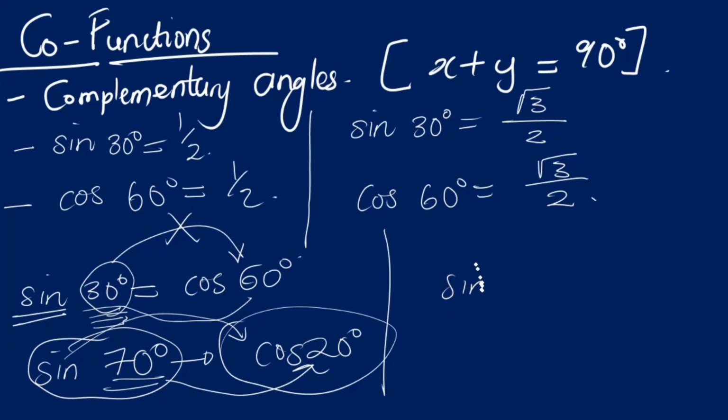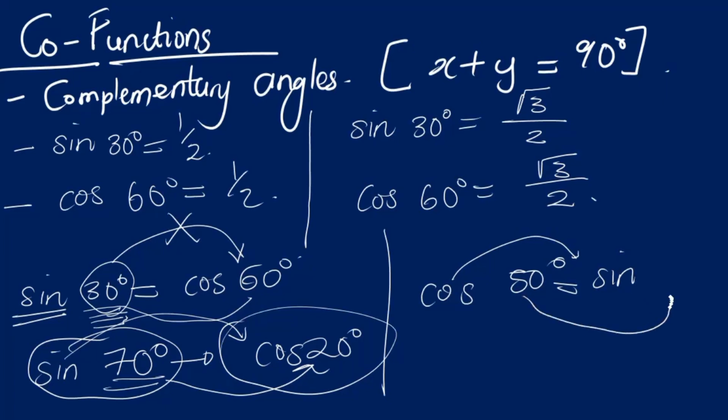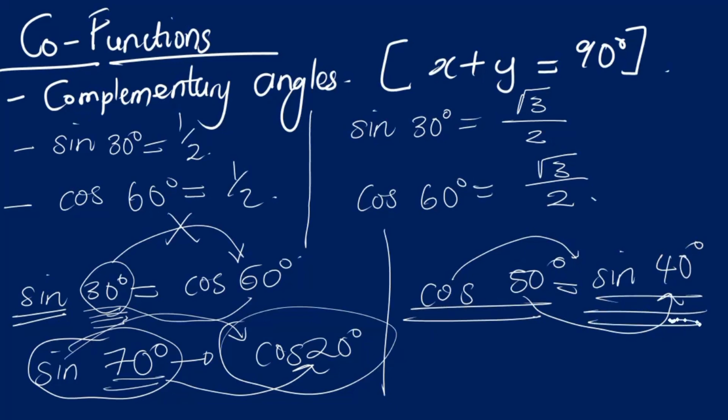Let's do the cosine now. Let's say you have the cosine of 50 degrees. What is the complement of that? Well, the complement of a cosine is a sine. For 50 degrees to get to 90 degrees, we add how much? 40 degrees. So we are saying the cosine of 50 is the same as the sine of 40. Beautiful.